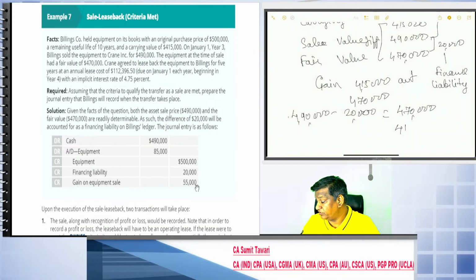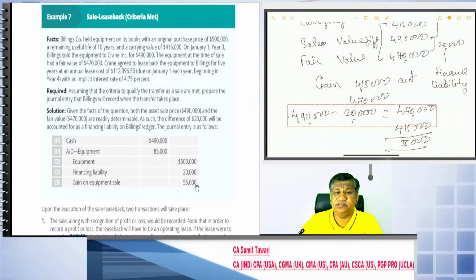Book value is 415,000, so the gain is 55,000. This way we need to make the journal entry. Cash account debit 490,000. Additionally, accumulated depreciation and equipment, which is basically the reversal of accumulated depreciation and equipment. And the financing liability, because we got more than the fair value, and the gain on equipment sale. So the gain we need to calculate with respect to the fair value.